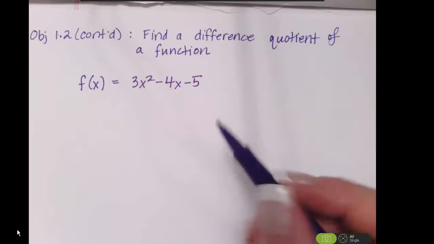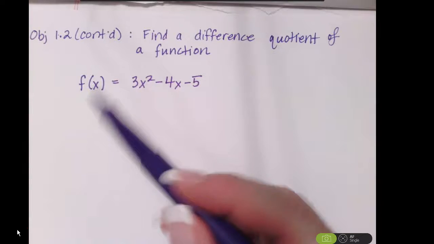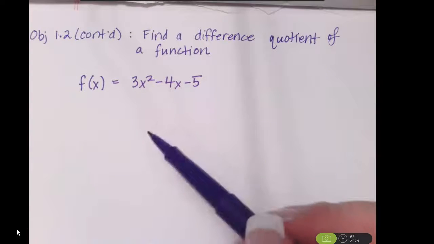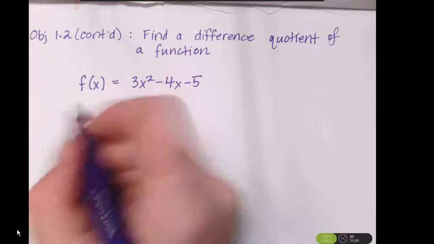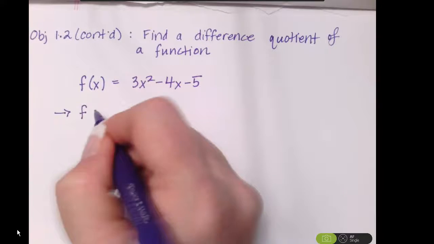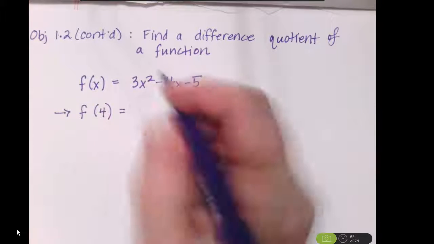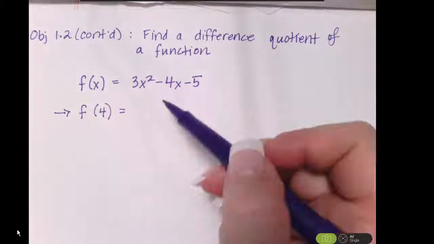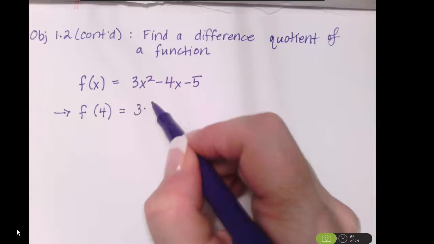And so the value of f of x, or the value of the function, is going to depend on what we substitute for x. Occasionally we can substitute a numerical value. So if I wanted to find f of 4, say, I would erase and replace the x with a 4 in parentheses.